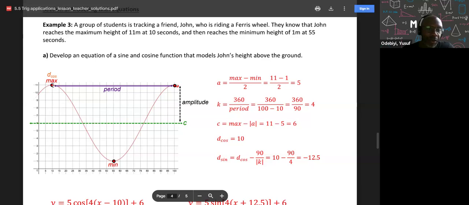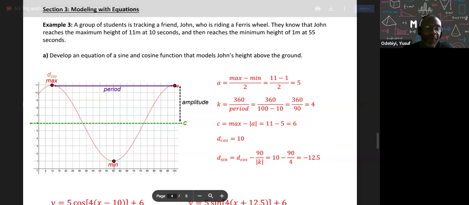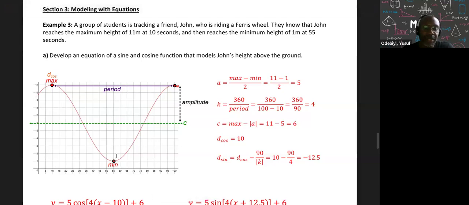The difference between the time it took to get to the min and the max, 10 to 55, is 45 seconds. That means another 45 seconds will take me to the max again, 45 plus 55 is 100.